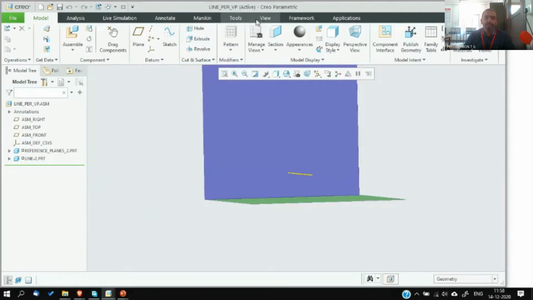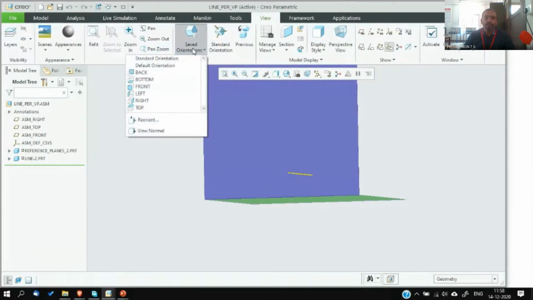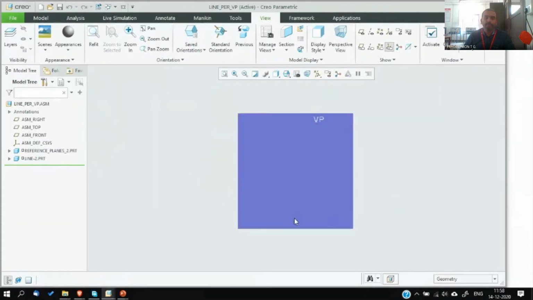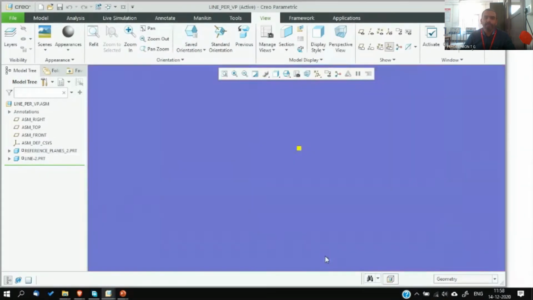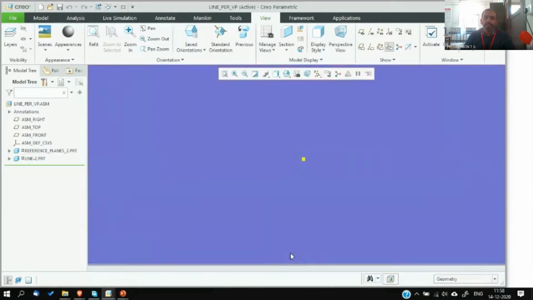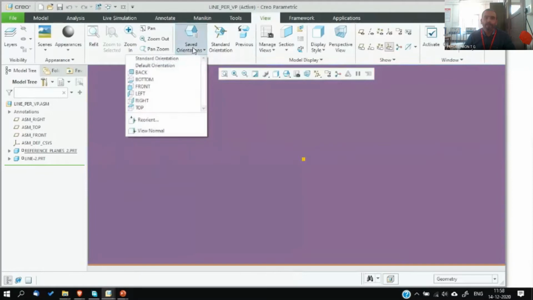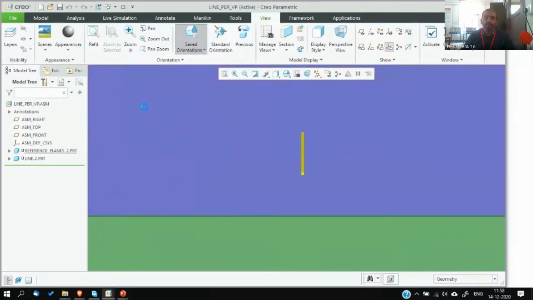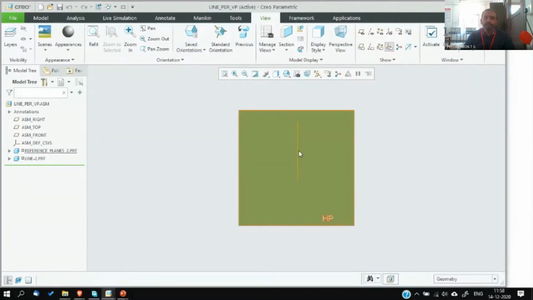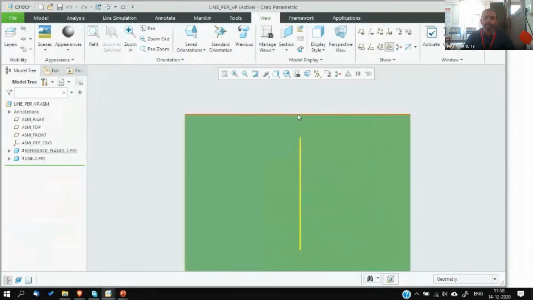So if we go for the front view in this case, the front view we cannot see. So actually it is just a point. And if we go for the top view, wow, it is a straight line which is perpendicular to the XY line.